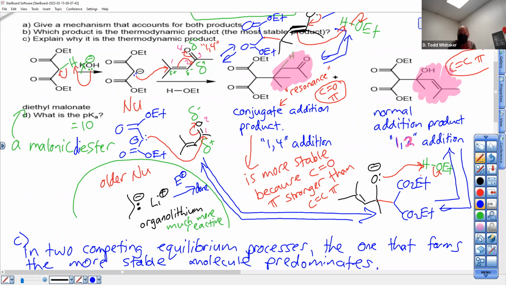So in this case, the 1,4 addition wins out over the 1,2. So you get more than 90% of this product and only about 10% of the other. Even though the nucleophile attacks this position 99.9% of the time. It's equilibrium, right?